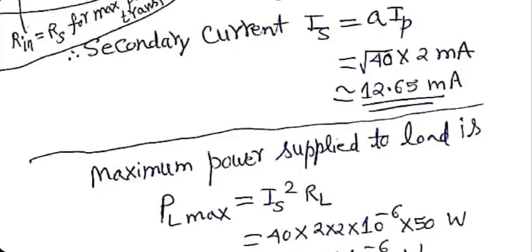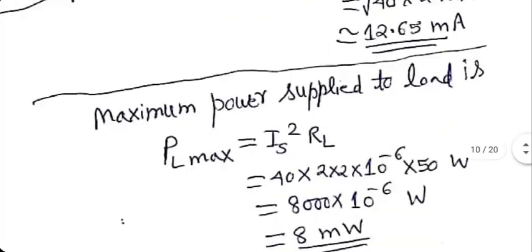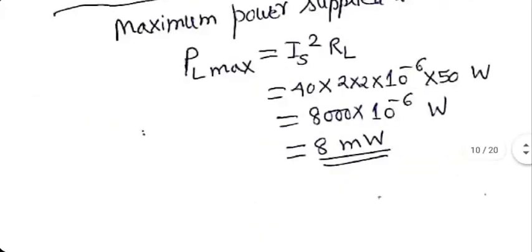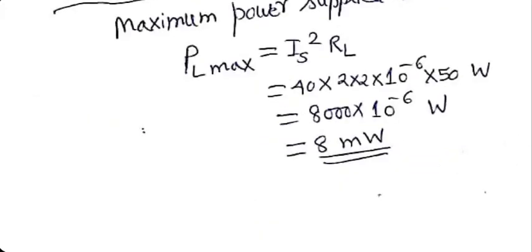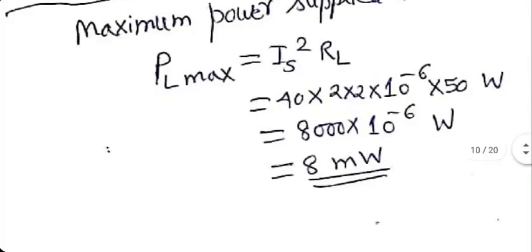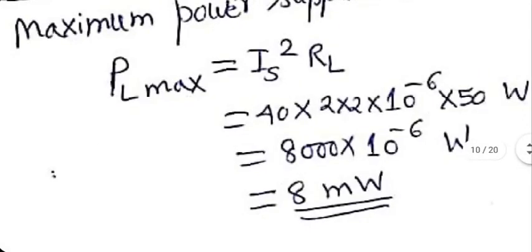But to get wattage, you need current in amperes. So 10 to the power minus 3 will be squared. It will become 10 to the power minus 6. And load, of course, is in ohms. So you simply put 50. Simplify the calculations to get 8 milliwatt as the answer. Watt always means volt multiplied by ampere.